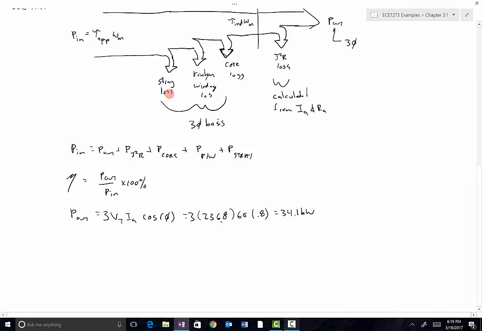I was told that P stray plus P friction and windage is equal to 1.5 kW, and P core is equal to 1.0 kW.